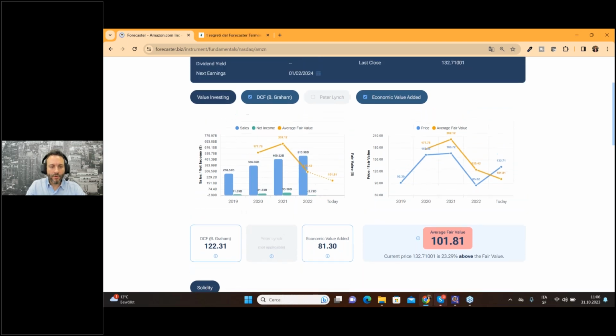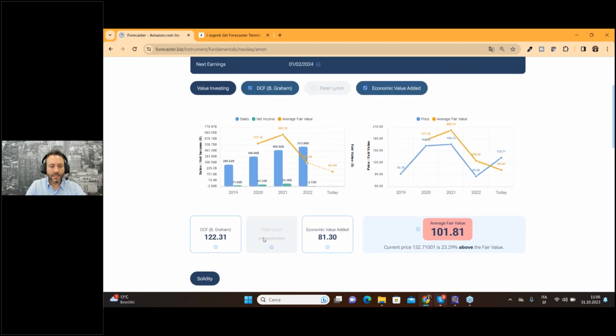First of all, you cannot use the Peter Lynch method. You see, it is off the Peter Lynch method simply because the Peter Lynch method uses the PE, the price earning, to calculate the fair value.